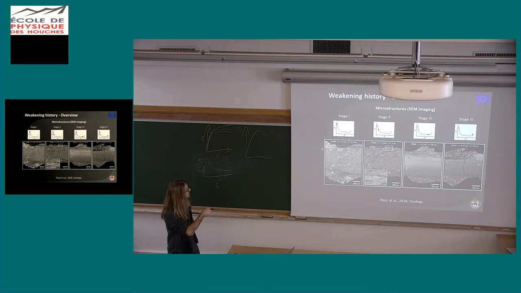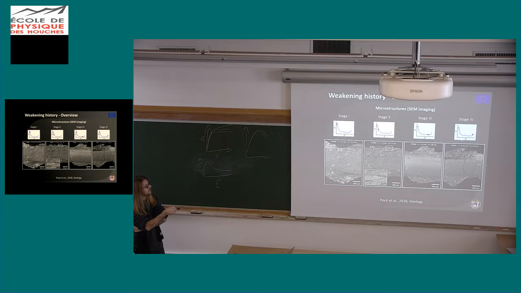Then we see the progressive evolution of this principal slip zone into something different. Stage 2, just after the weakening, it still seems cataclastic but has sharp boundaries, and even sharper when you reach stage 3, and stays always the same, bounded between 2 straight boundaries. It will be more clear in the next slides. And during stage 4, you have a brittle overprint on your principal slip zone.